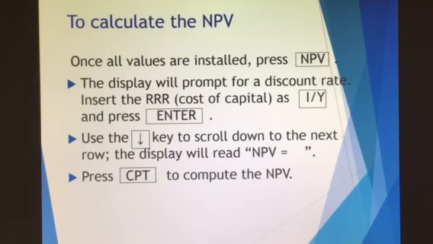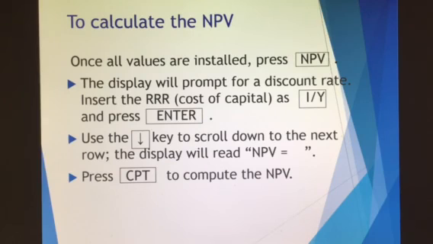But now by pressing the NPV key, you've opened up another worksheet, but it only has 2 cells on it. So visualize a little box when you press the NPV key, and that first cell is for your required rate of return, or your discount rate.